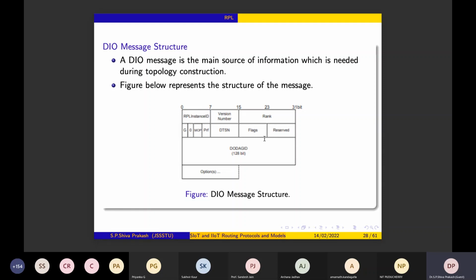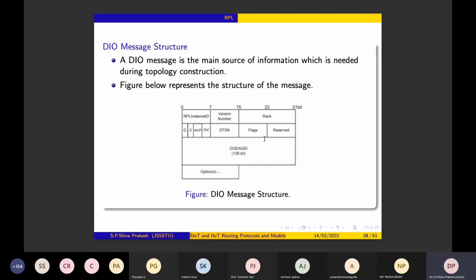So this has the RPL instance ID, the version number, and the rank. The rank is used whenever you have incoming devices as well as outgoing devices, so you can clearly say whether you have static devices that remain connected over a period of time.